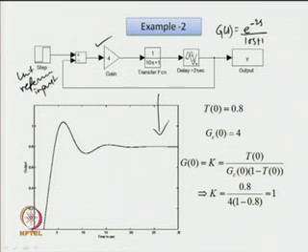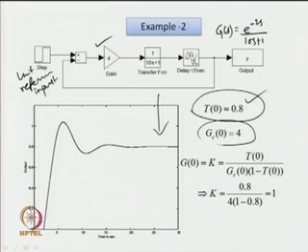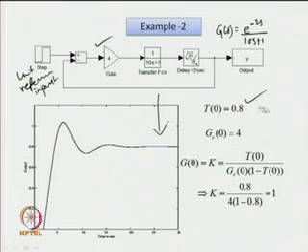From the process output, the steady state value of the output is found to be 0.8. Therefore, T(0) is equal to 0.8, but we know that GC(0) is equal to 4, GC(s) is equal to 4. This is the proportional controller. So, in steady state, limiting s tends to 0, we get GC(0) is equal to 4.